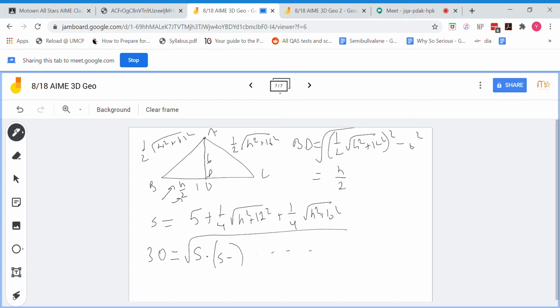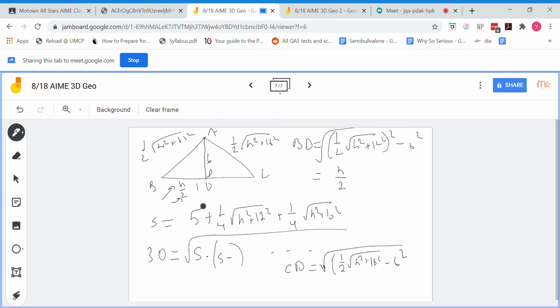And what about CD? So CD equals the same thing. And this one is not as simple. Half square root of h squared plus 16 squared minus 6 squared.